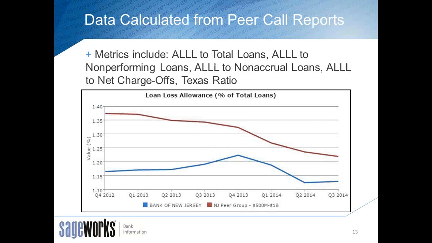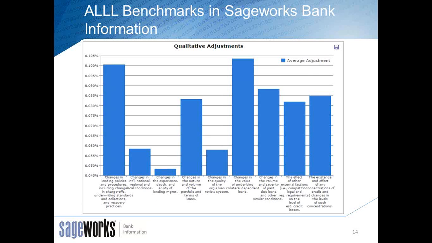All right, so from call report data, you can get information that might look something like this: various ratios and benchmarks, your allowance to total loans, allowance to non-performing loans, things of that nature. But how do you get things like qualitative risk factor adjustment percentages? And that is where the Bank Information Program can help you.